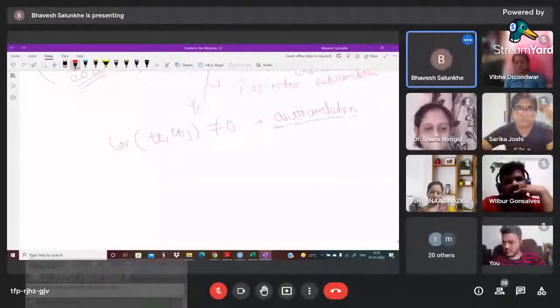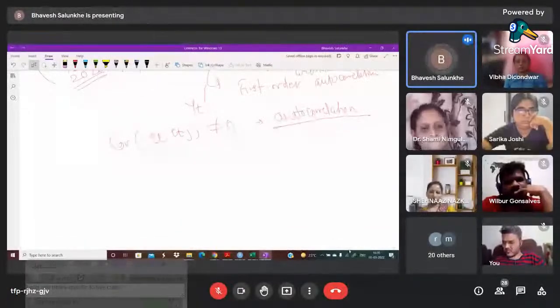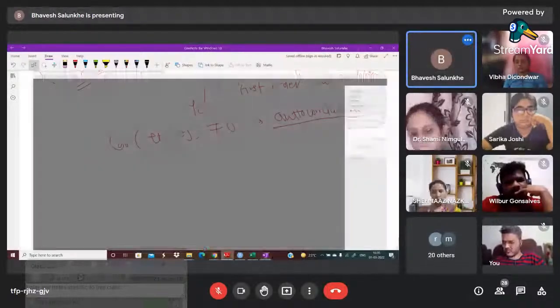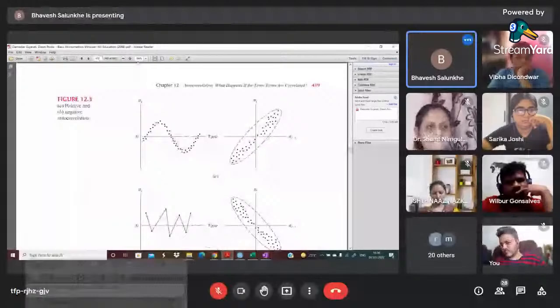That is the problem of autocorrelation. I just wanted to show you a graphical demonstration of this from the book. This is what happens when there is a correlation in the error terms.